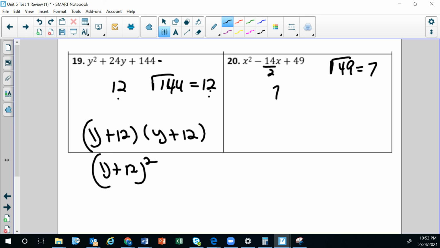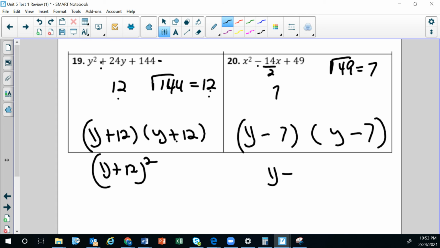The only difference is there's a plus sign here, and here's a negative sign. So my answer is going to be y and 7. Those are the factors, y and 7. But all I'm going to do now is put a negative sign there. So here we had a plus sign because it was a plus 24. And so my answer is just y minus 7 squared.